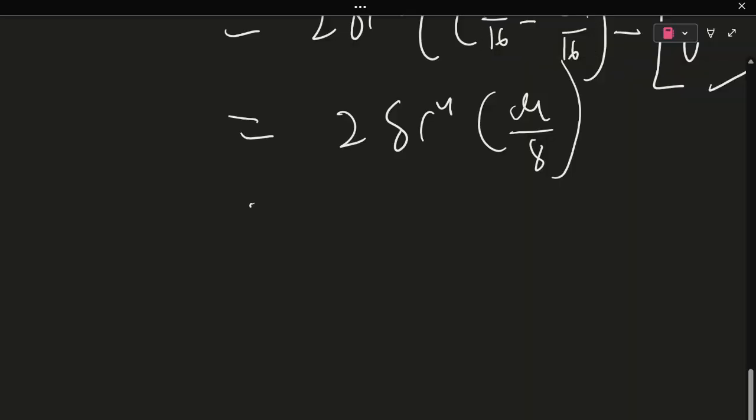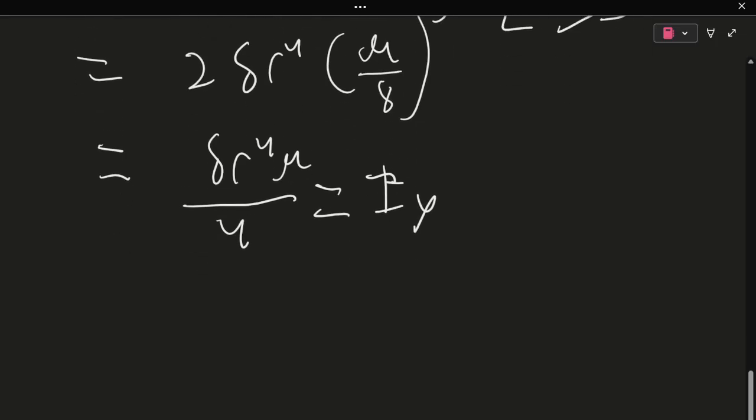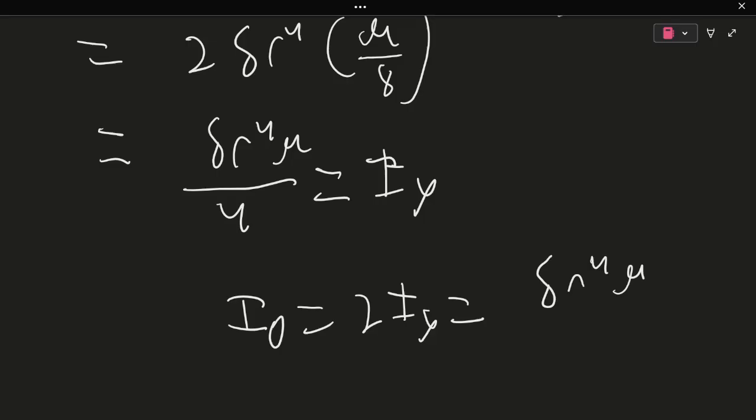So now if we do a little bit of simplification, we get our density times r to the fourth pi over 4 is equal to our moment of inertia about the y-axis. So the moment of inertia about the origin is equal to 2 times the moment of inertia about the y-axis, which is equal to density times r to the fourth times pi over 2.